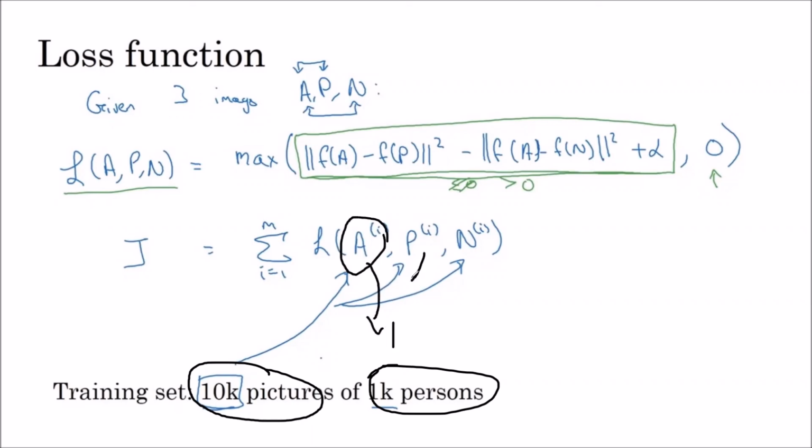We require a positive image, where that positive image must be of the same person only. That's why we take another 10 pictures, which we can give as a positive image. Whereas the negative image can be any other person, there is no problem with that. So that's why in the training set we take 10 pictures of each person. We consider 1,000 persons, and the training set is 10,000 pictures.